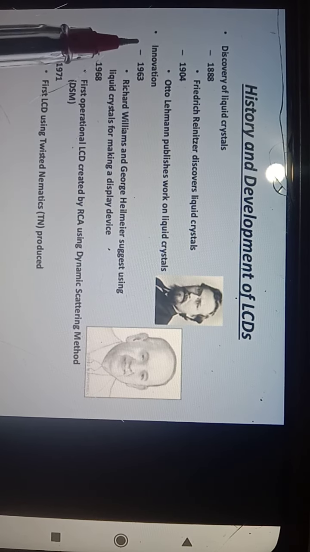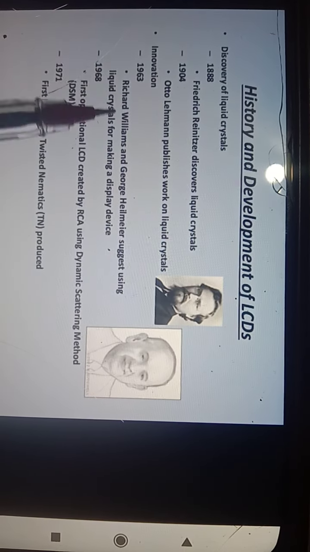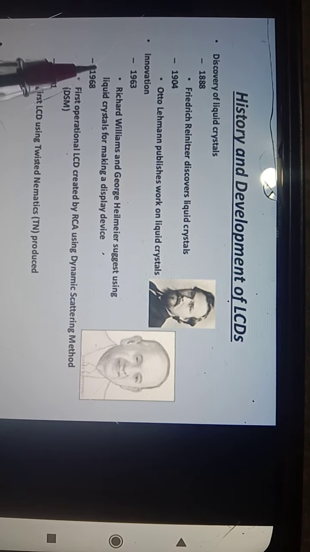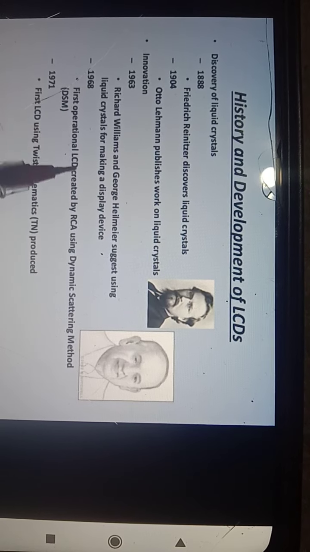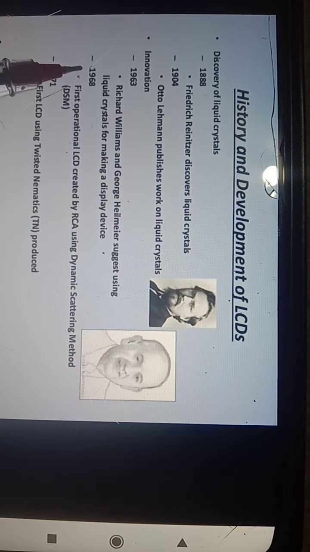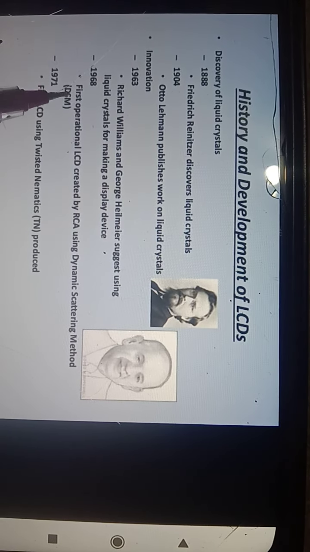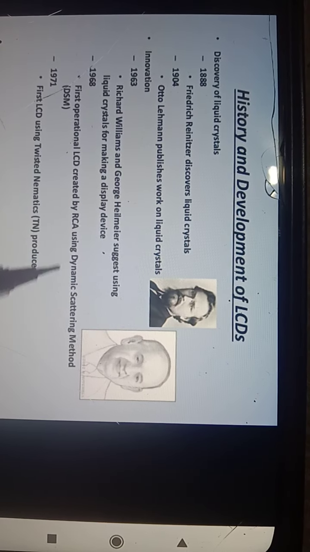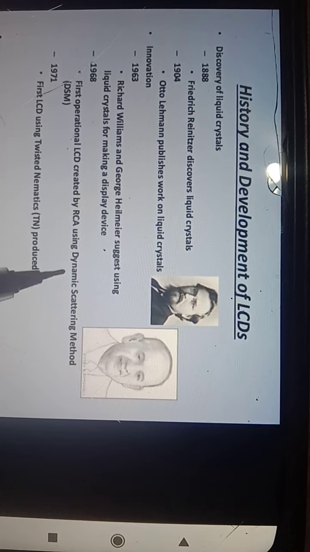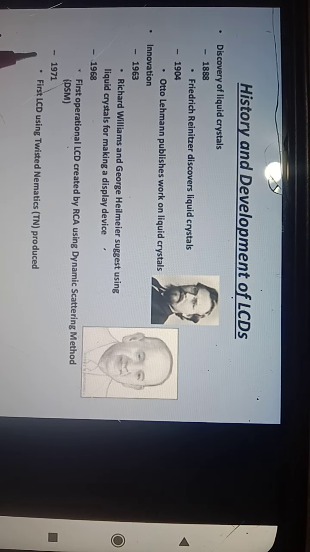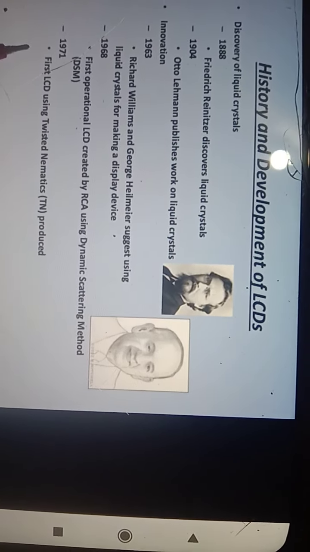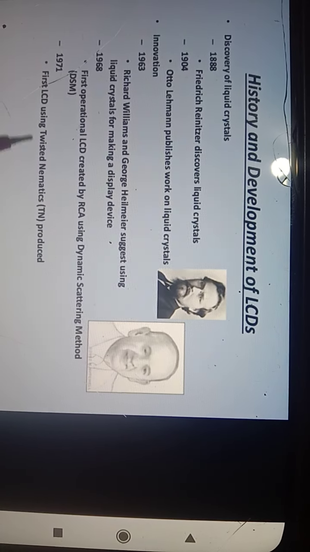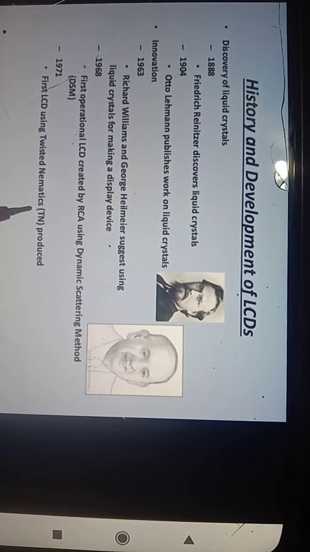Coming to innovation, in 1963, Richard Williams and George Heilmeier suggested using liquid crystals for making a display device. In the year 1968, the first operational LCD was created by RCA using the dynamic scattering method. This method is very important. And in 1971, the first LCD using twisted nematic, considered to be the TN, was produced.